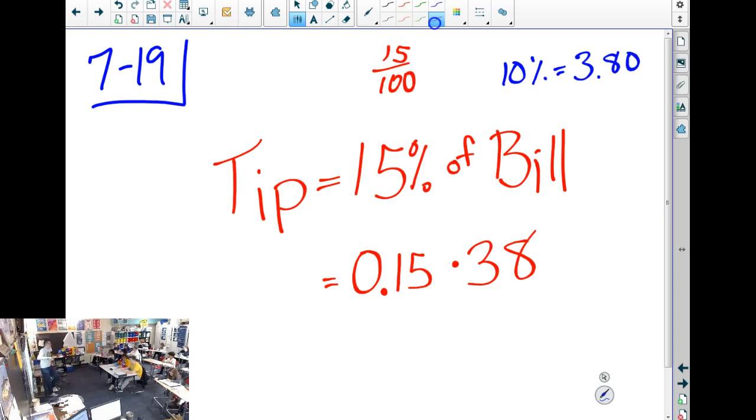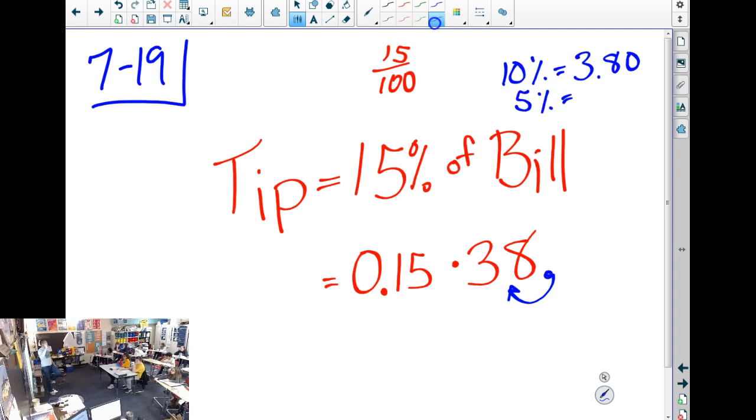Because guys, realize and take a moment to hear this. 10% is a tenth. When we do a tenth of something, we grab the decimal and bump it left. If you wanted to do 100, you bump it left 2 times. So we could find 10% that way, and then we could do 5% as just half of this.